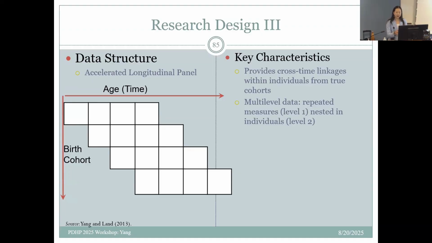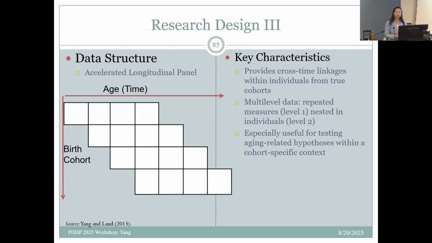The second is that it also is a kind of multi-level data in the sense that there are repeated observations over time at level 1 nested within individuals at level 2, while you can conceivably add more levels if you want to consider even higher levels than individuals.